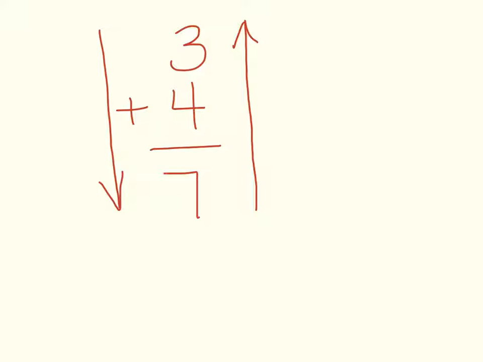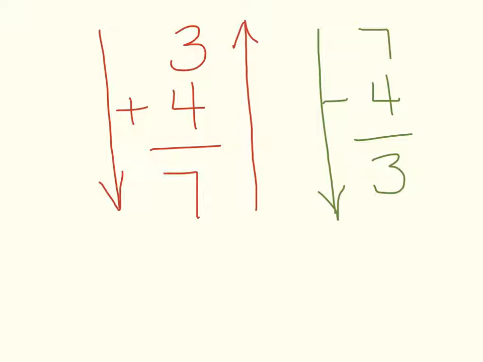Now I can say 7 minus 4 equals 3, reading it this direction, or I can say 3 plus 4 equals 7, reading that direction. So again, that's just a visual reminder of the fact that we do have the inverse operations.